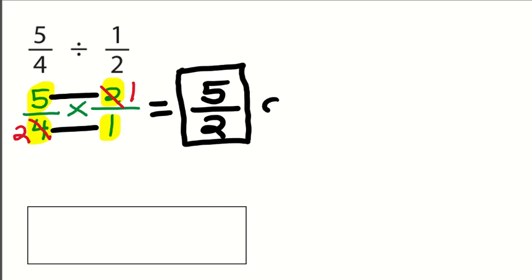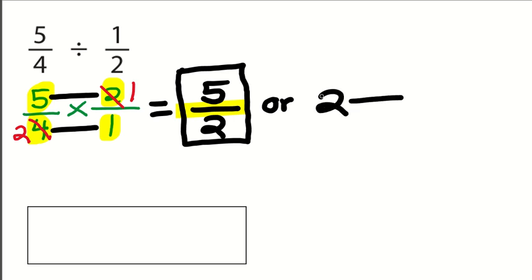But we also must know how to write this as a mixed number. So we do that by doing the division. What is 5 divided by 2? Or how many times will 2 go into 5 without going over? 2 will go into 5 2 times, because 2 times 2 is 4, so that's the whole number.